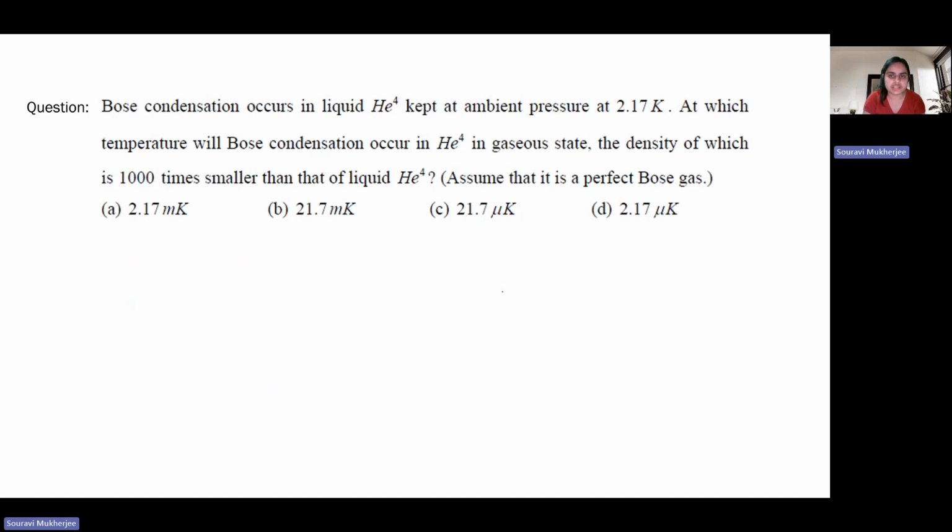You want to find it for another system, which is 1,000 times smaller in density. So remember or try to find what is the relation between critical temperature TC and density. Okay, that's the question.